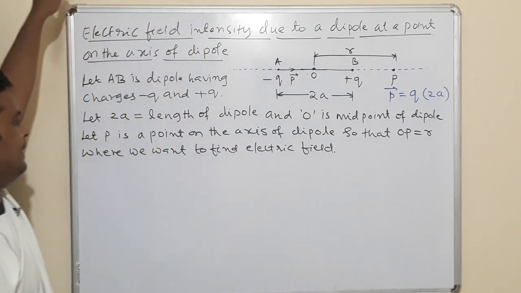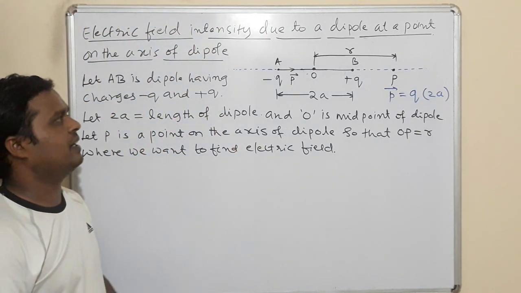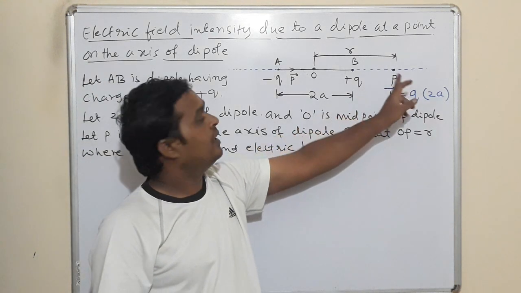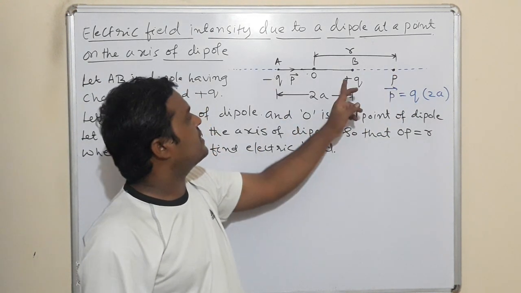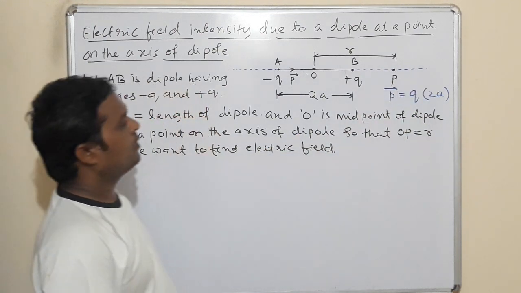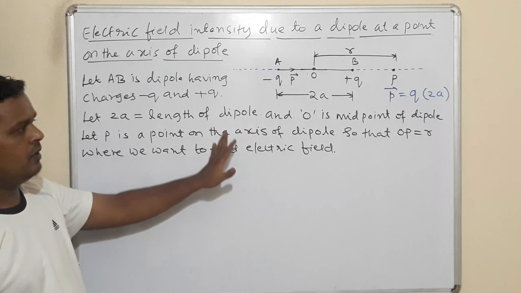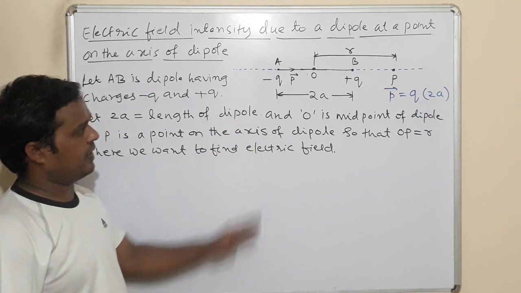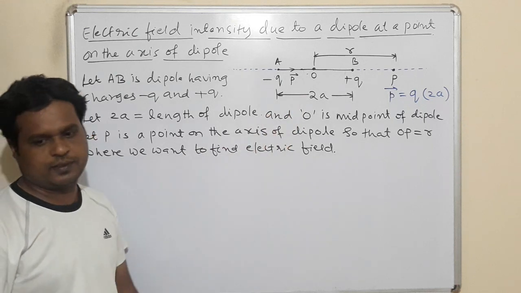Okay, then first let us check how much electric field will be at point P. At point P, both these charges will make their own electric fields. Make a note of this. Write all these things. Pause the video and write. Let me clear the distances.